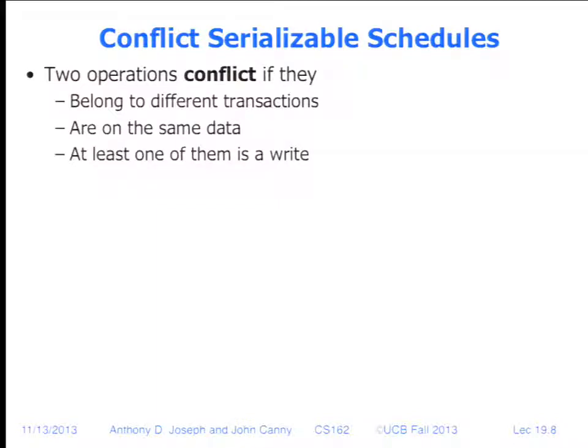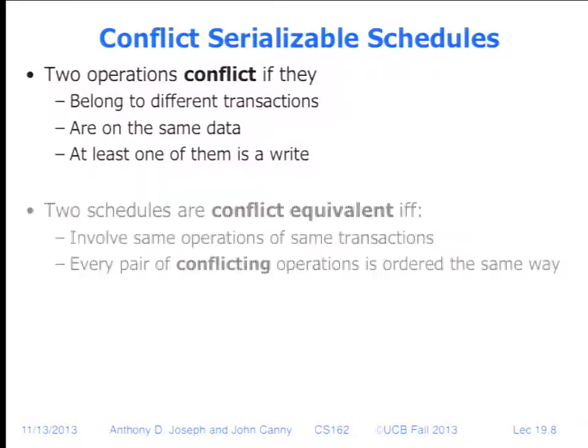So pairs of reads never conflict, and other operations only conflict if they're on the same piece of data. Two schedules are conflict equivalent if you can produce one from the other by swapping non-conflicting operations in the different transactions.